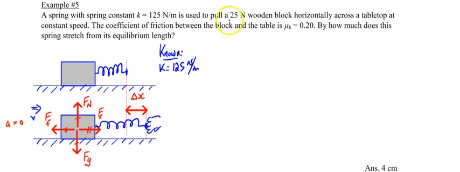This is actually the weight of the block. So Fg is 25 newtons. Some people might confuse that, think it's the horizontal force, but no, that's actually the weight of the block. You're also given the coefficient of kinetic friction, which is 0.2. So we're trying to find delta x.